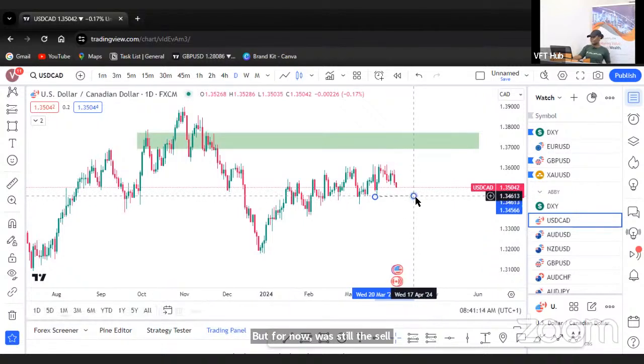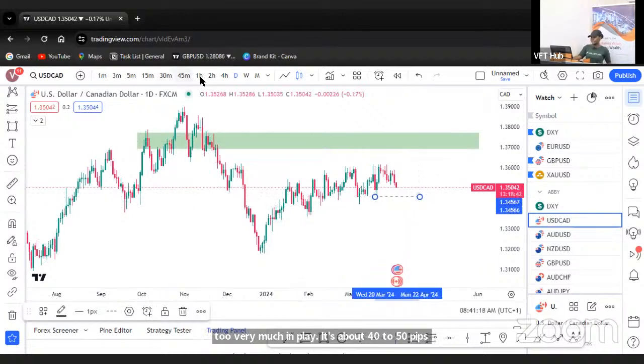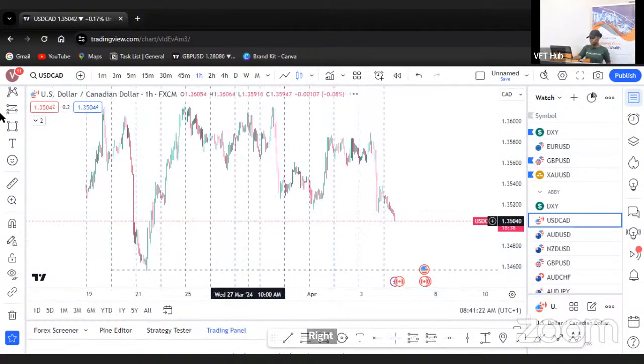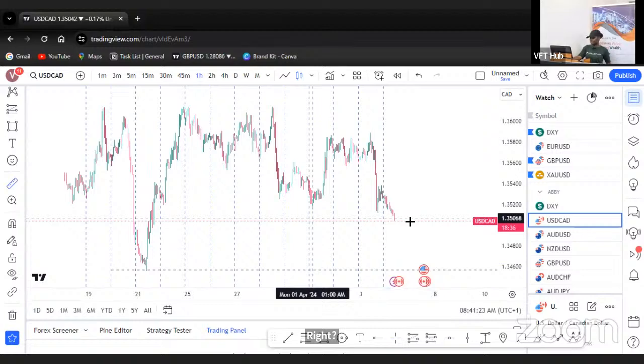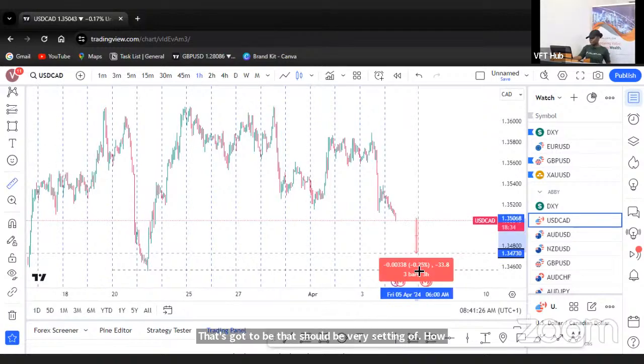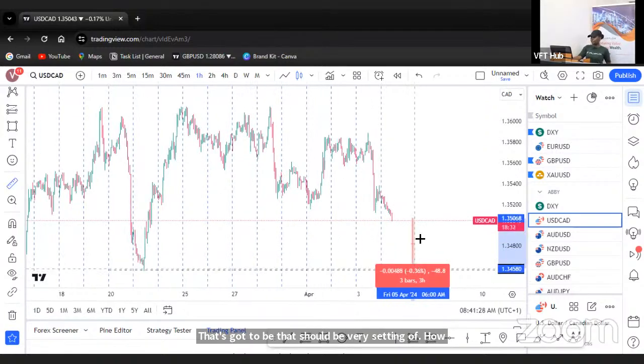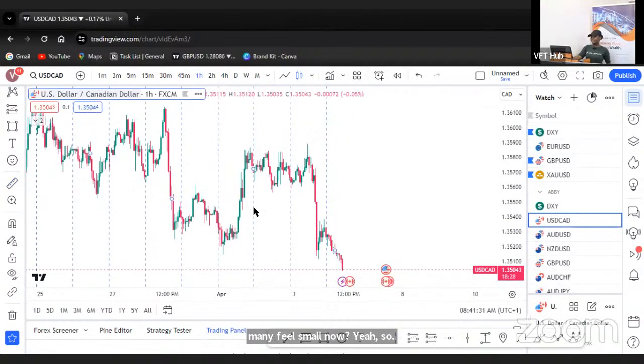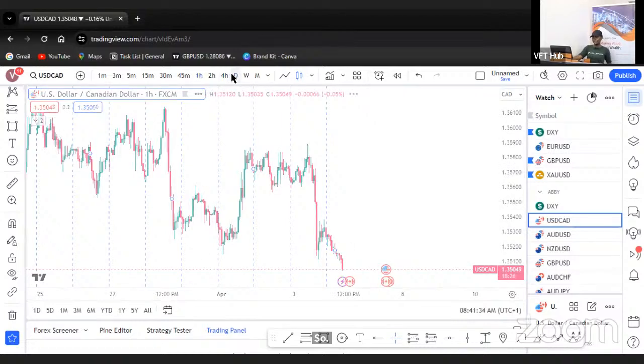It's about 40 to 50 pips away from where we expect it to then reverse from, right? Let's calculate that to be very certain of how many pips more we have. Yeah, so 40 to 50 pips thereabouts for USD/CAD to sell before it now reverses into our box structure on the daily time frame.